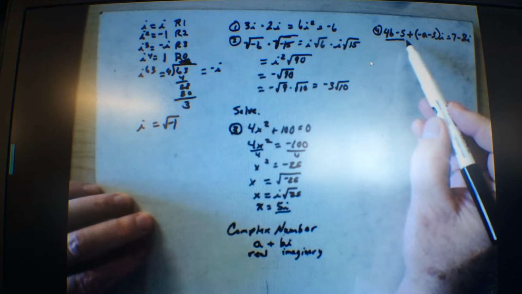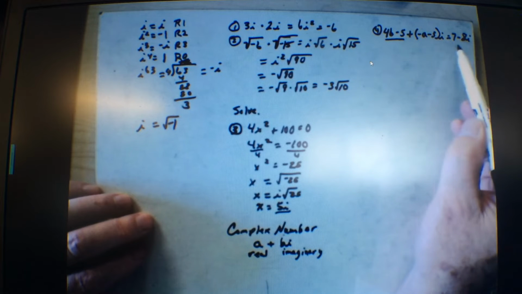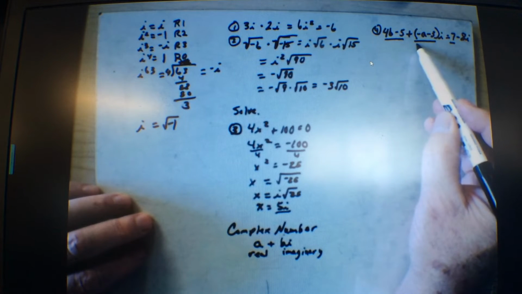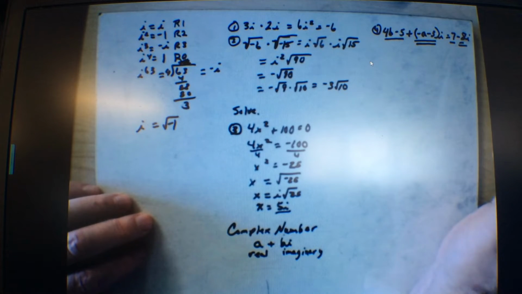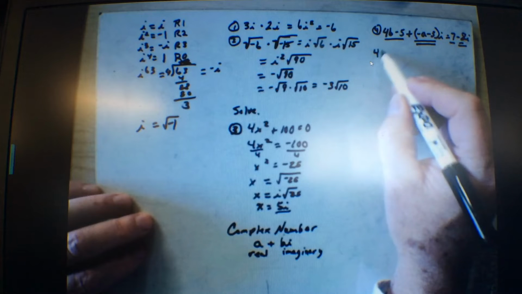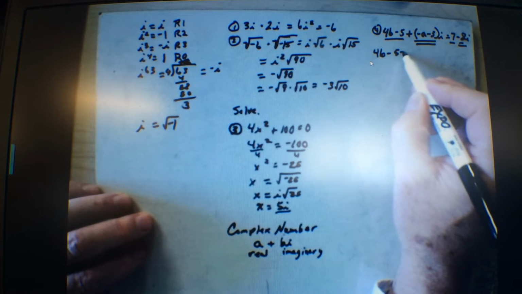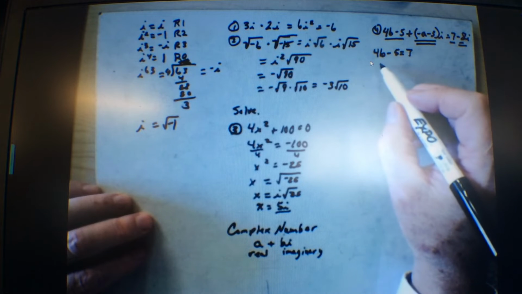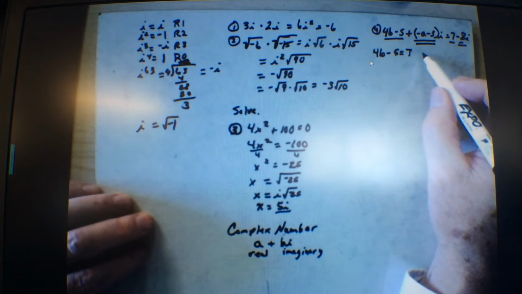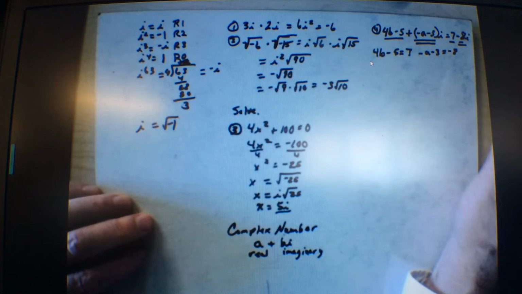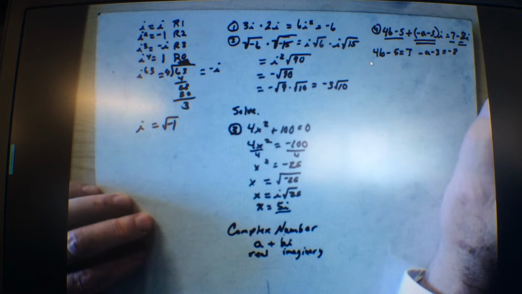This right here is the real part, I just underlined it, and this is the real part. This right here is the imaginary part, and this is the imaginary part. So basically, if this is true, then 4b minus 5 has to equal 7, and negative a minus 3 equals negative 8. Does that make sense to you?